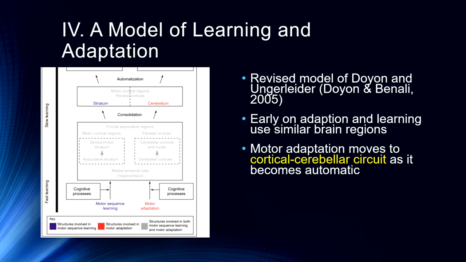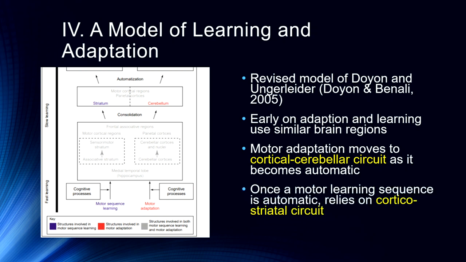Motor adaptation moves to a cortical cerebellar circuit as it becomes more automatic. So as you're no longer having to consciously think about how to hit the basketball hoop with those shifted prism goggles on, and it becomes more automatic, it's going to shift from involving all of these areas to a cortical cerebellar circuit.